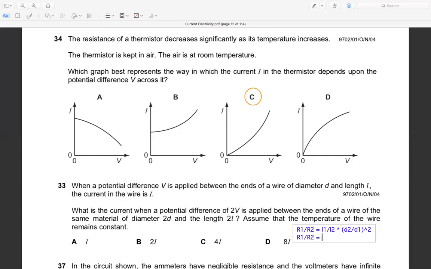L1 is L, L2 is 2L, so it means 1 over 2 times D2 over D1. D2 is 2D, D1 is D, so it means 2 squared, which is 4. So R1 divided by R2 equals 2.